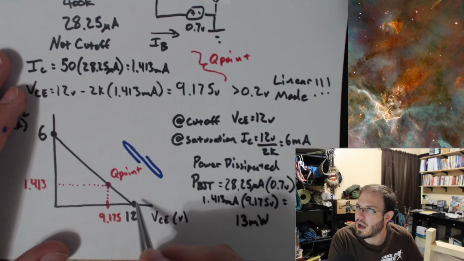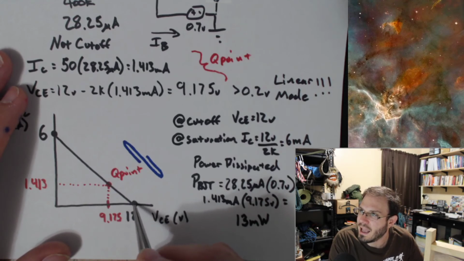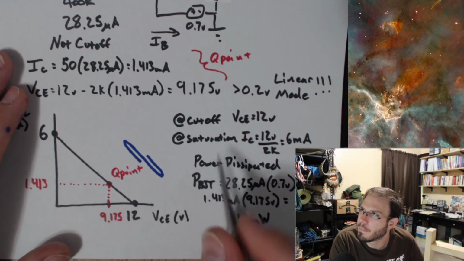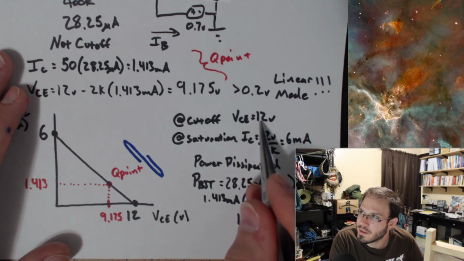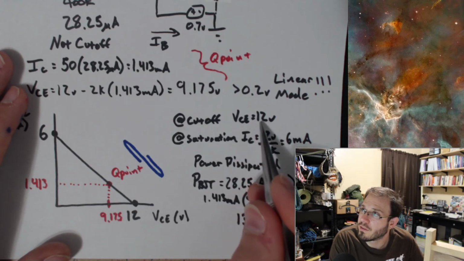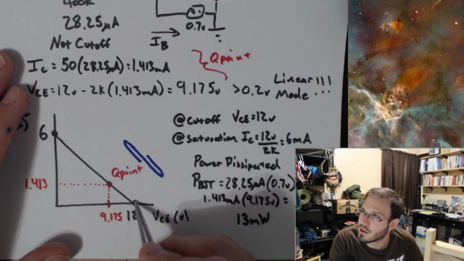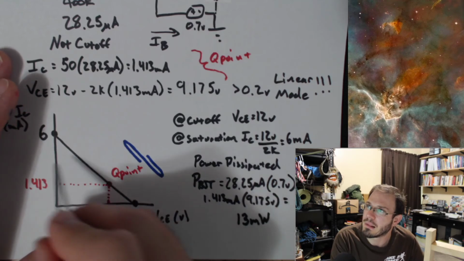So over here, I have gone ahead and drawn a dot along the VCE axis, and we know that cutoff is along the bottom here. However, for our specific circuit, at cutoff we would get 12 volts for VCE. So hence why I've drawn it here.